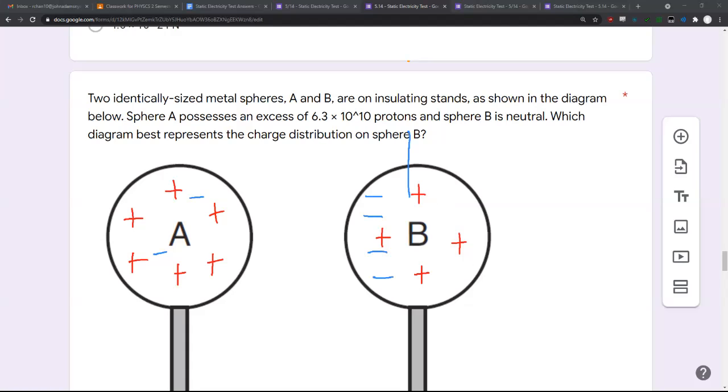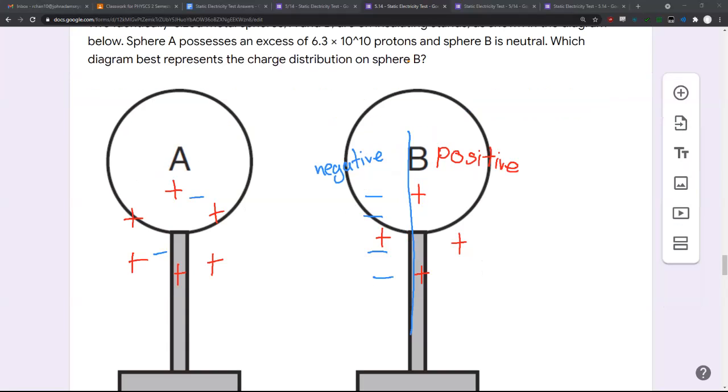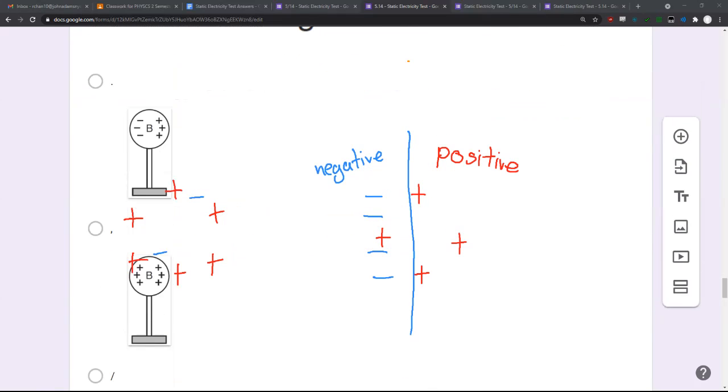And so one side becomes negative and the other side becomes positively charged. Any questions about this logic here? Which means that your answer here is this one. That's your answer.